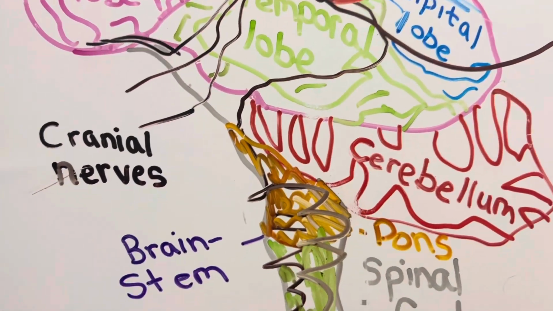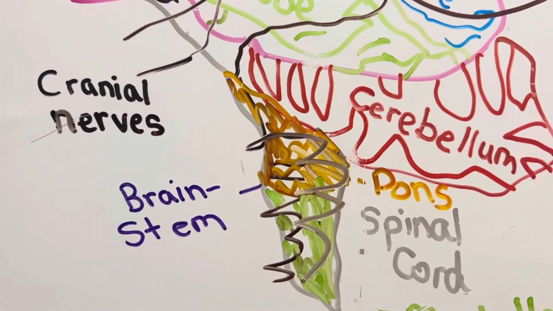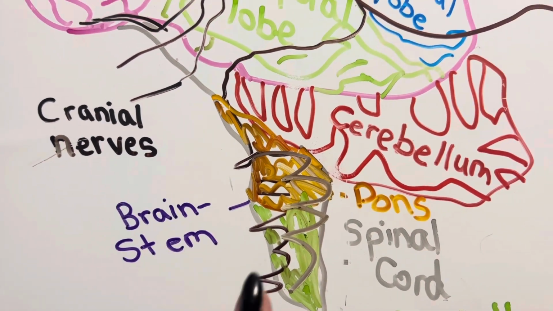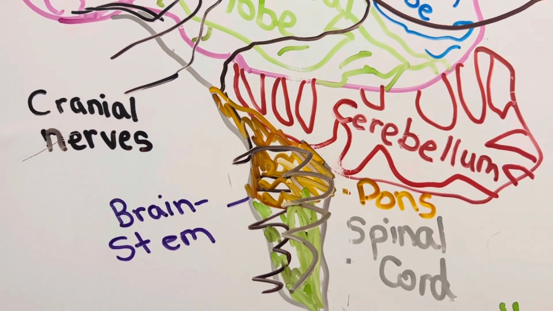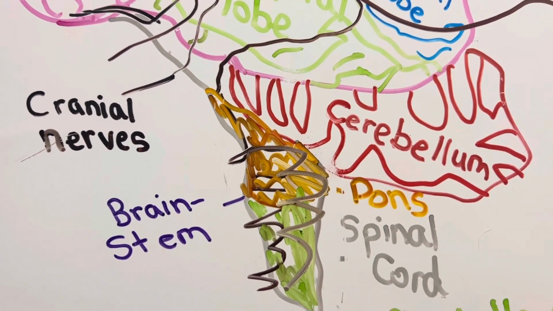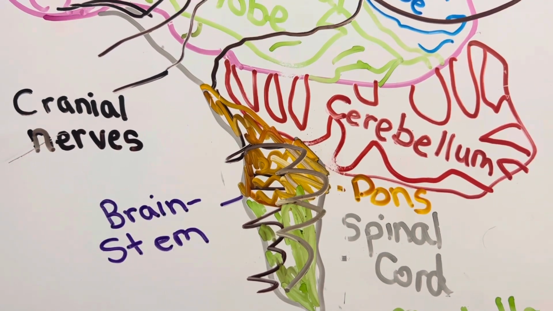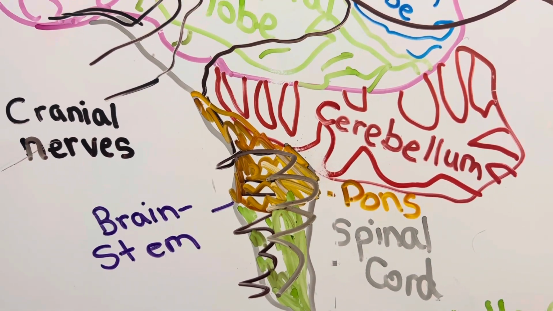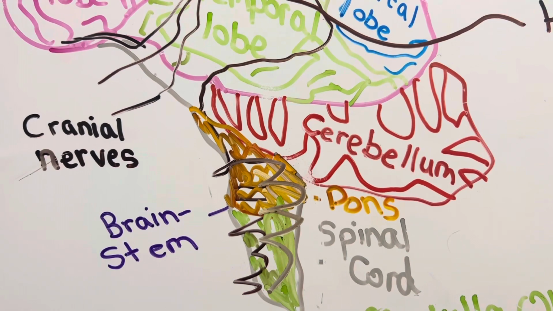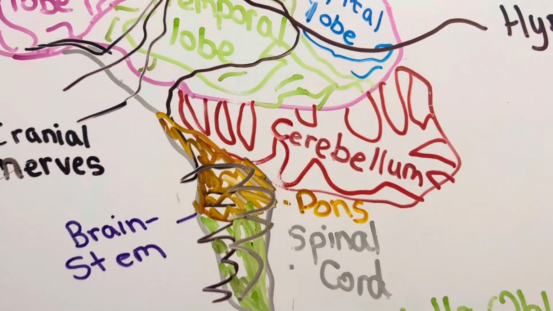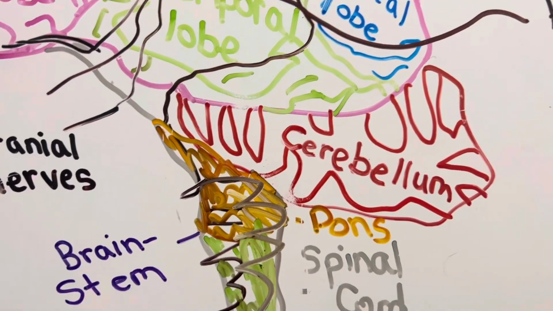Up next, we have the brain stem. This connects the brain to the spinal cord and the nerve path that runs all the way down your back, sending and receiving information from your senses. The brainstem contains the pons.